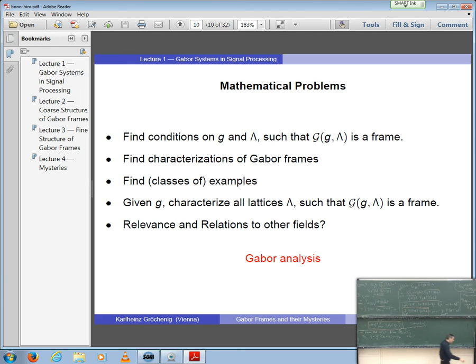So first step, let's take inner products on both sides. This means that the inner product of f with an arbitrary h is equal to the sum of the short time Fourier transform of f with respect to g evaluated at lambda, times the short time Fourier transform of gamma of h with respect to gamma evaluated at lambda bar.